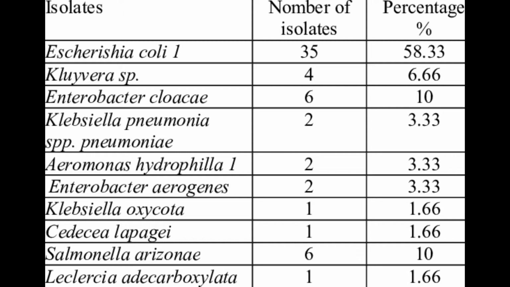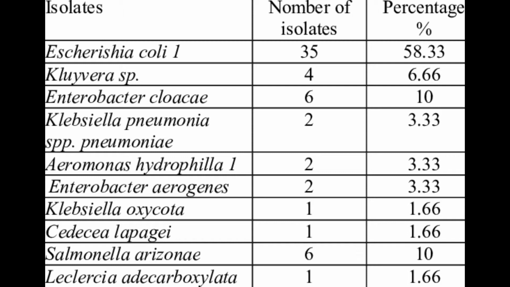Serotypes are O6, O8, and O25. Now we're going to discuss the EPEC, enteropathogenic Escherichia coli, which causes infantile diarrhea. They are non-invasive. Their serotypes are O111 and O114.